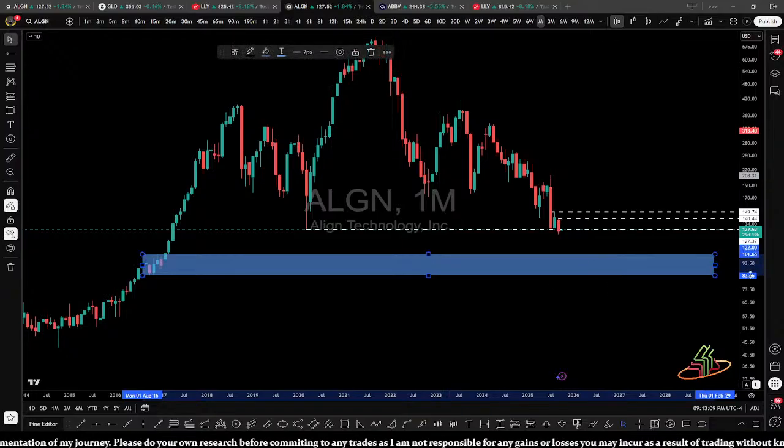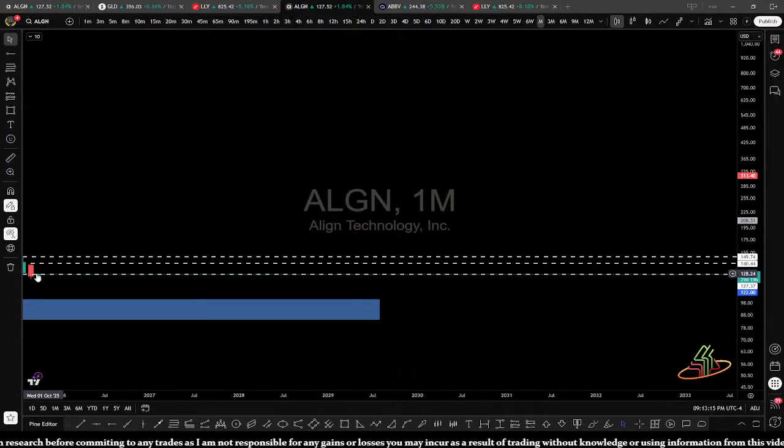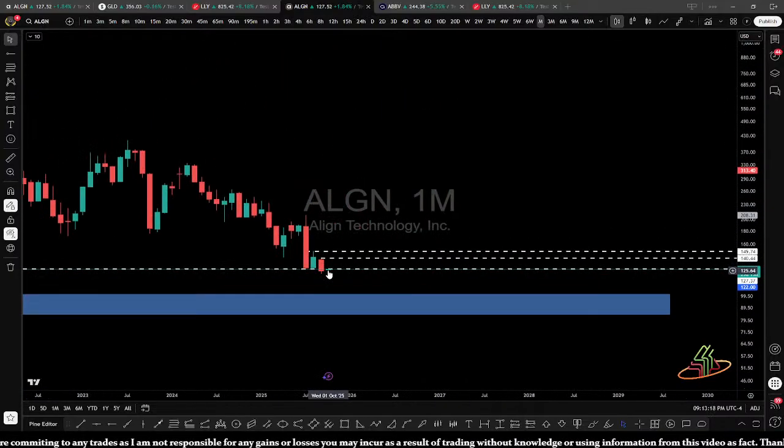If this happens to break down any lower, which it could, because it's actually closed underneath of this right now, but it's a monthly bar, so we'll see. If it ends up pushing up, you got a quick play to 141 on Align.